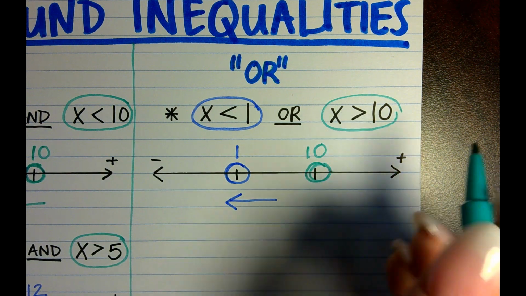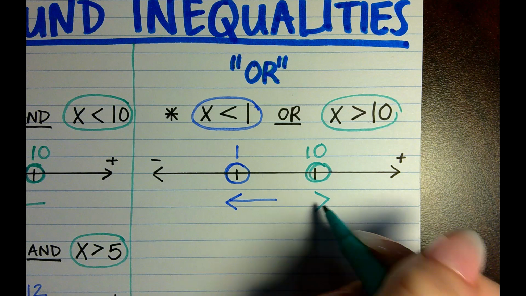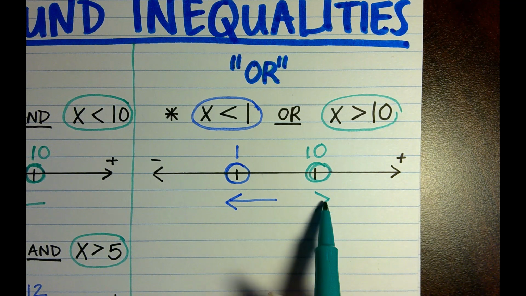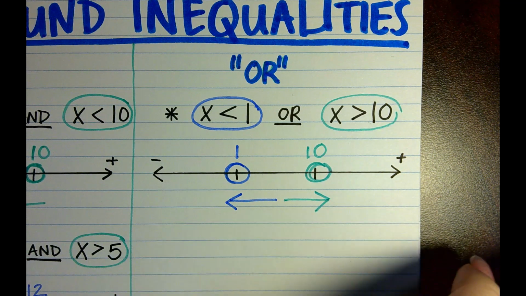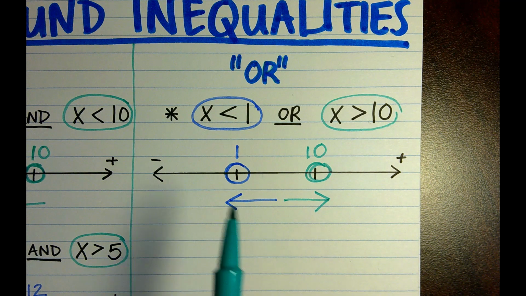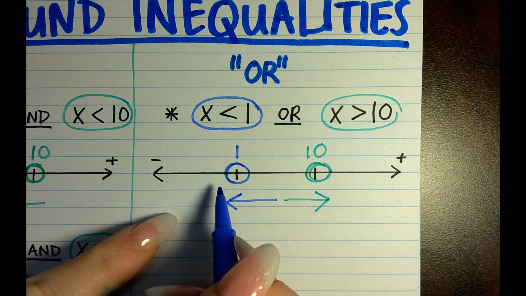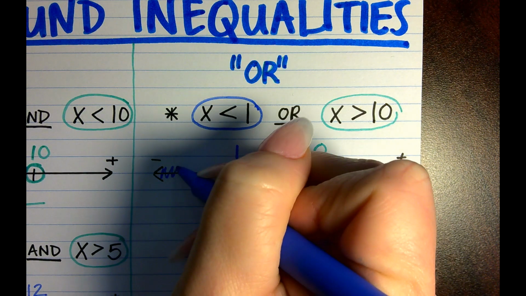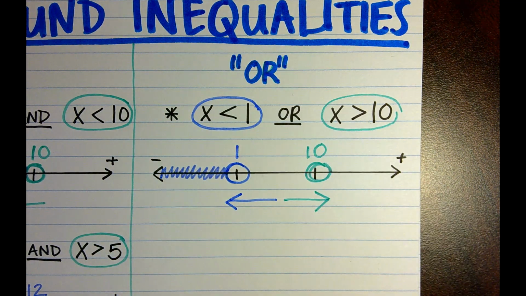X is greater than 10. My greater than symbol points right. So where am I shading for 1? To the left. Good. Where am I shading for 10? To the right.